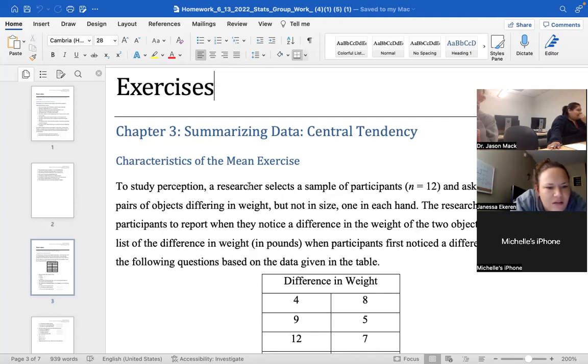Okay, next thing: for each measure, mean, median, mode, central tendency, which one would make the most sense, and why? Do you want us to do 6, 7, and 8? There's 6 and 7.